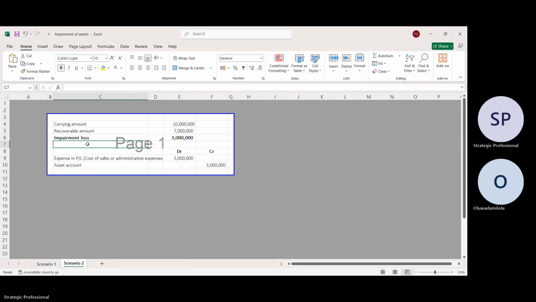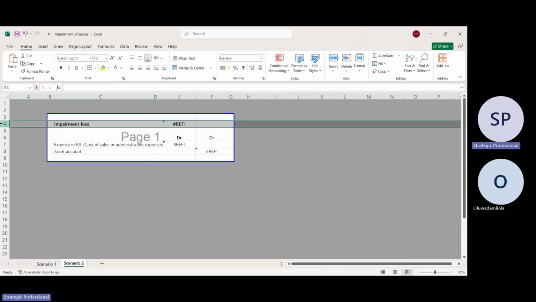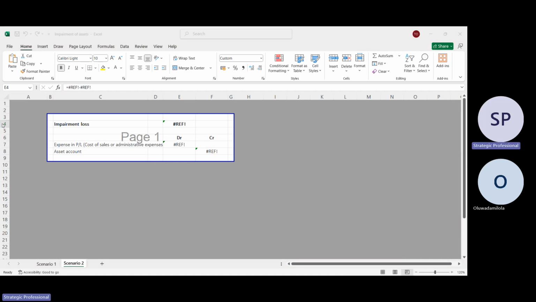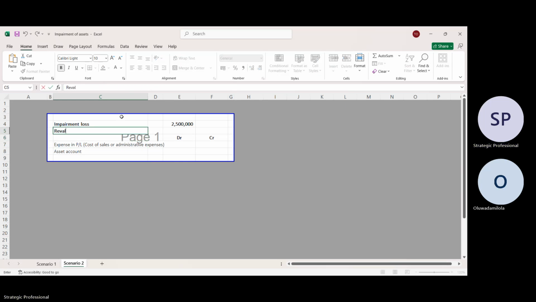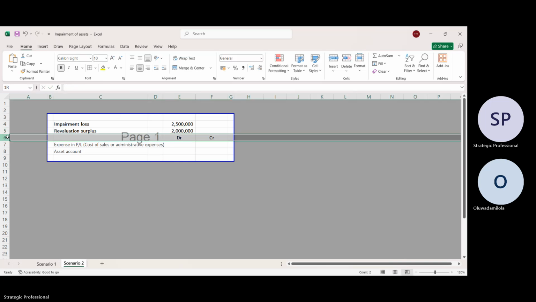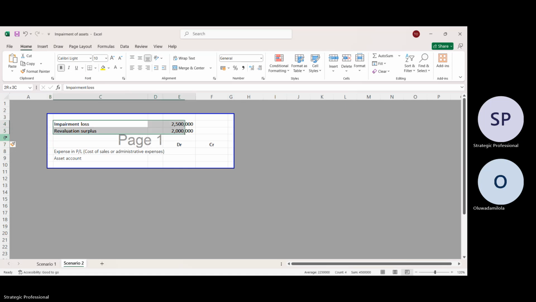So in this case, scenario 2 is saying that there is an impairment loss of 2.5 million, and there is a revaluation surplus of 2 million. This is what scenario 2 is talking about.